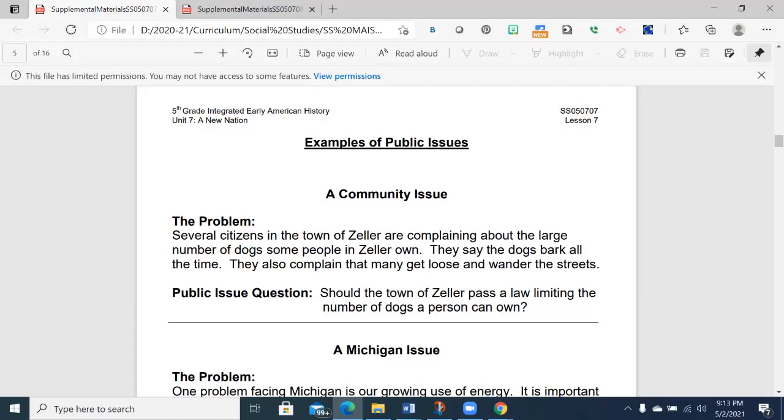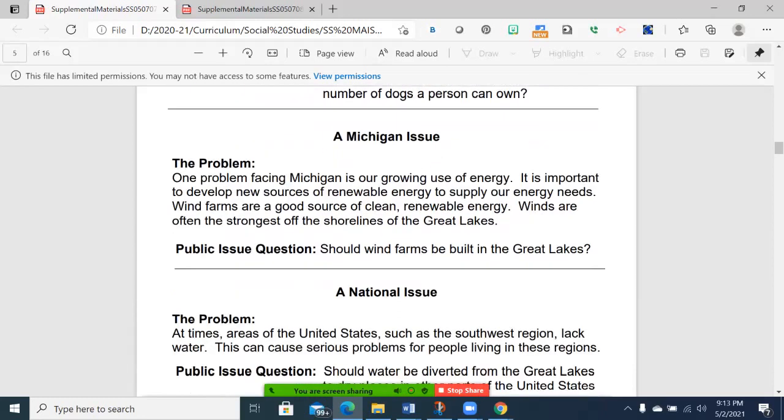Now, sometimes an issue can be regional, where it might be an area of several counties, or it could be a statewide issue. One problem facing Michigan is our growing use of energy. It is important to develop new sources of renewable energy to supply our energy needs. Wind farms are a good source of clean, renewable energy. Winds are often the strongest off the shorelines of the Great Lakes.